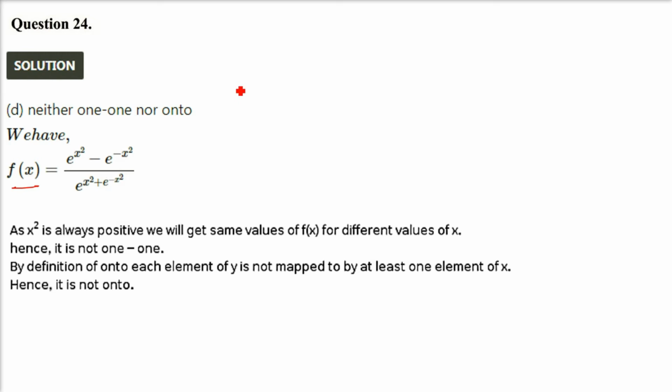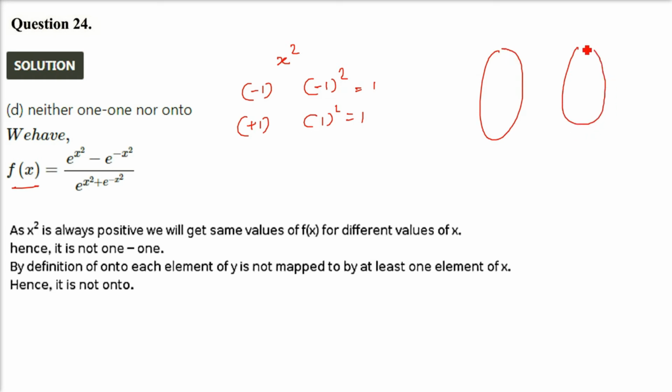When you have x square, you put minus 1, you put 1. Both are going to give you the same value. Negative 1 square is 1, plus 1 square is 1. So whatever you put here, you will always get the same value.